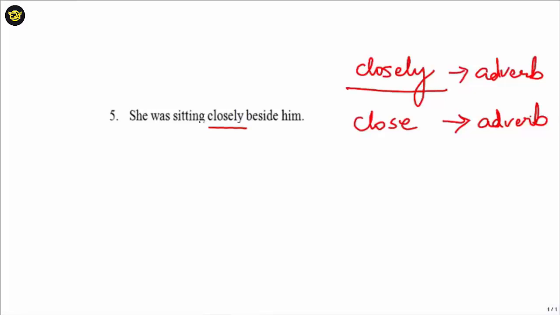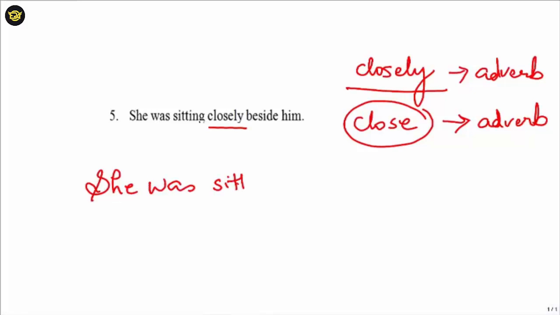So when we say she was sitting closely beside him, what we mean is that we want to show her placement with respect to him, right? Therefore, the right adverb to be used over here in this case is close, right? The adverb of placement. So the sentence should be, she was sitting close beside him.